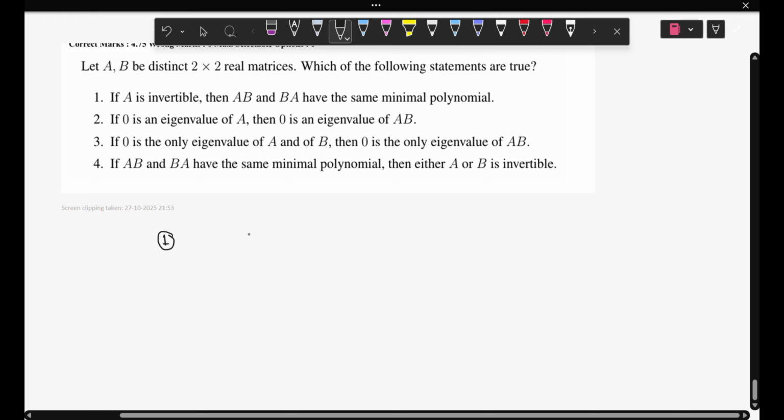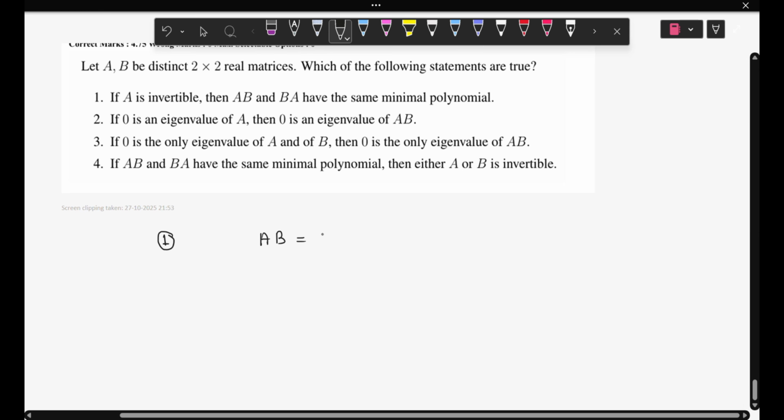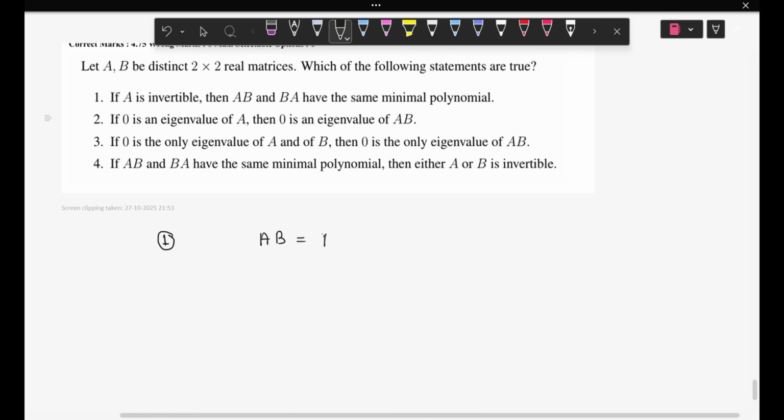Now note that if A is an invertible matrix, then AB is equal to A (BA) A inverse, right? So if a matrix B can be expressed as P A P inverse, where P is an invertible matrix, in that case we call A and B similar matrices.